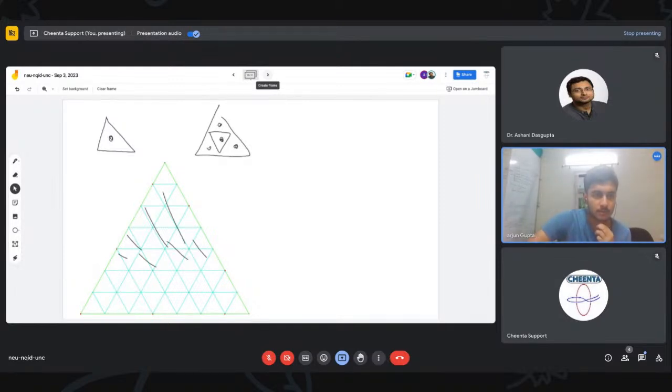Sorry, let me go back. These things won't be there. Let me color it more properly. So I have this triangle, and I have already operated in this triangle. Now I want to focus on these last three rows. How I operate on them is as follows.